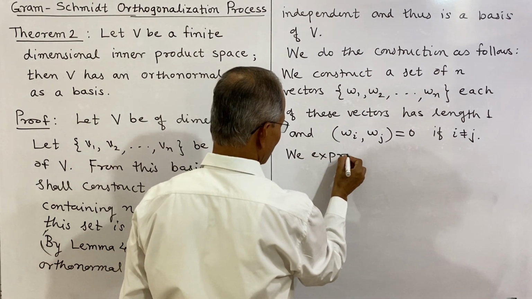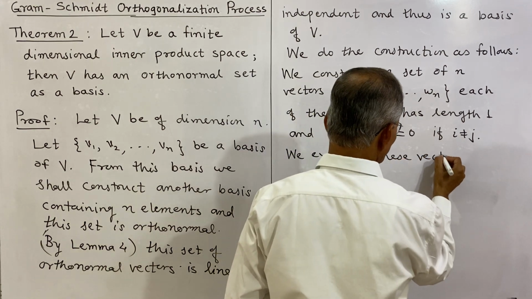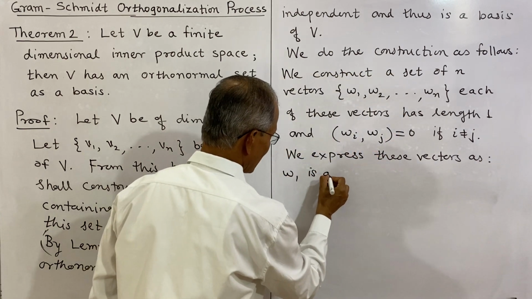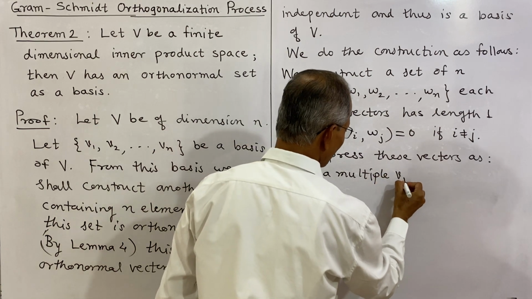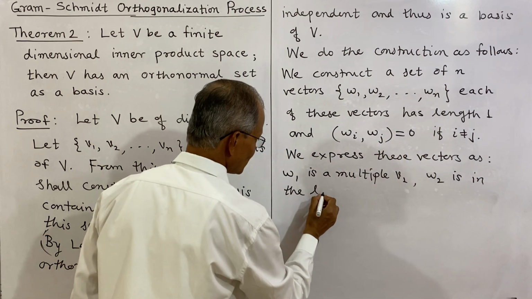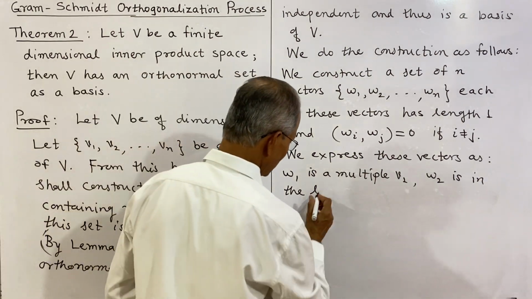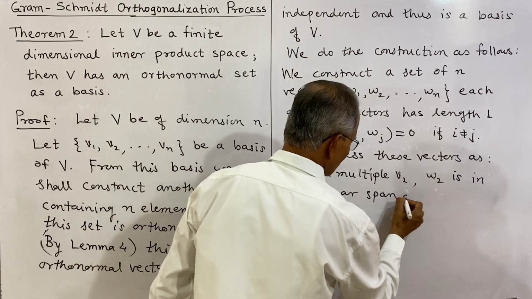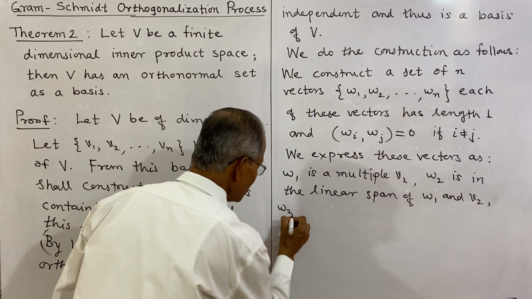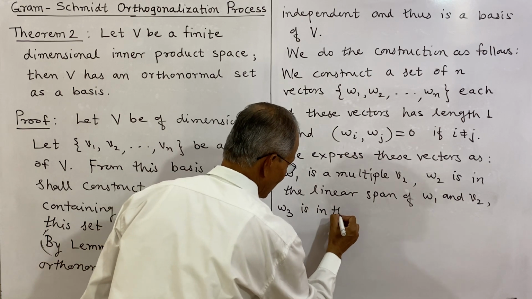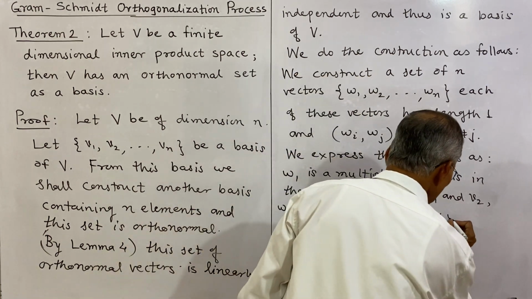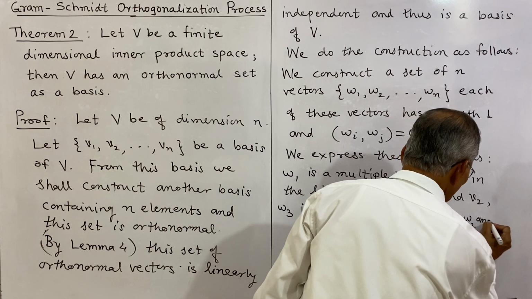We express these vectors as: w1 is a scalar multiple of v1. w2 is in the linear span of w1 and v2. w3 is in the linear span of w1, w2 and v3.